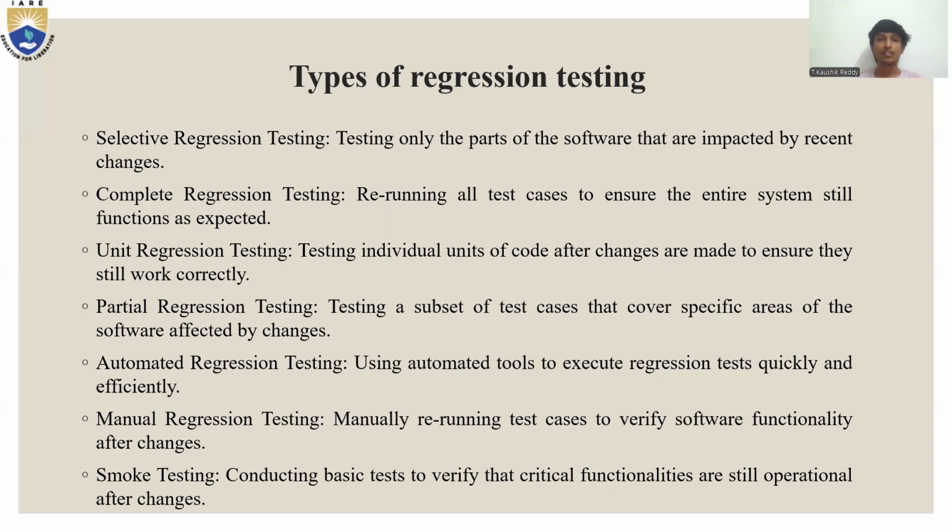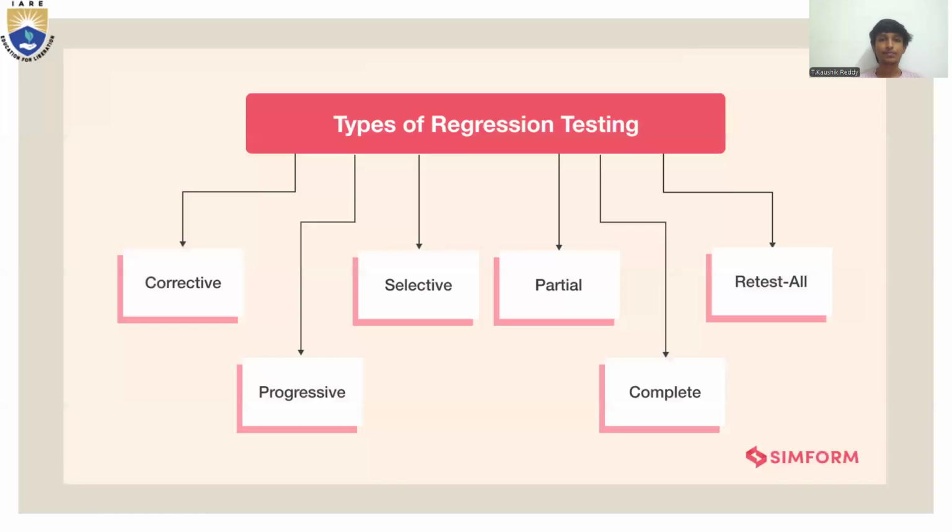Smoke testing: conducting basic tests to verify the critical functionalities are still operational after changes. Types of regression testing are also shown on the slide: corrective, progressive, selective, partial, complete, and retest all.